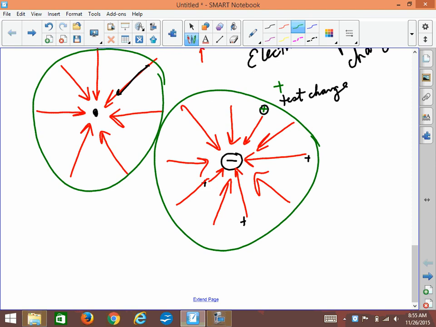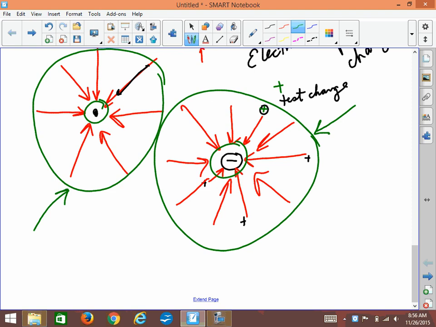Now they're not the same thing, because this one, which is the electric field, only affects charge, or charged objects, and this one works on mass. Okay? So what we could say is that the mass here creates this field around it, and the charge here creates this field around it.